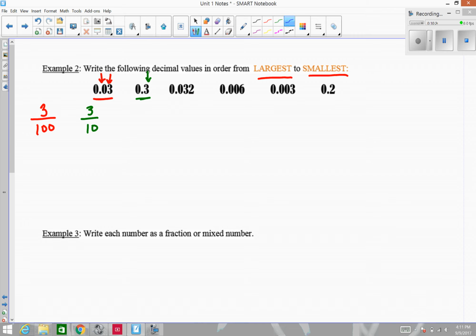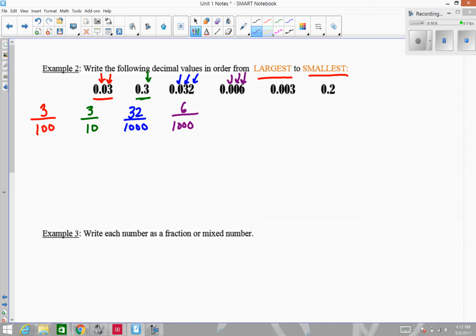The next one has 3 decimal places, tenths, hundredths, thousandths, so I would write that as 32 over 1,000. So far, my first 3 fractions all have different denominators. But when I come to this next one, tenths, hundredths, thousandths, this is also already in thousandths, and I just have 6 of those thousandths.